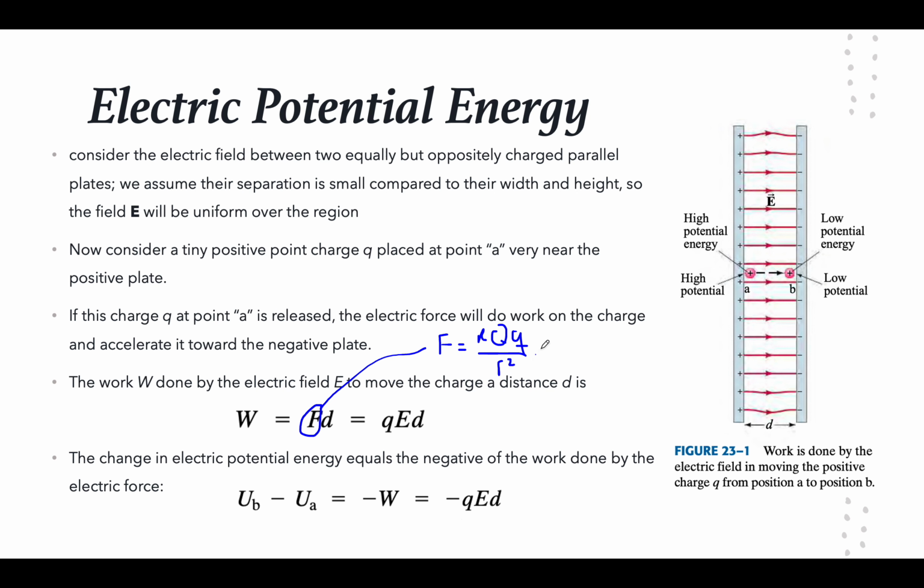And if we multiply it times the distance, which we can also say is R, I can say that the work done could also be equal to K Q Q over R. And the change of potential energy would be the negative of this value right here.